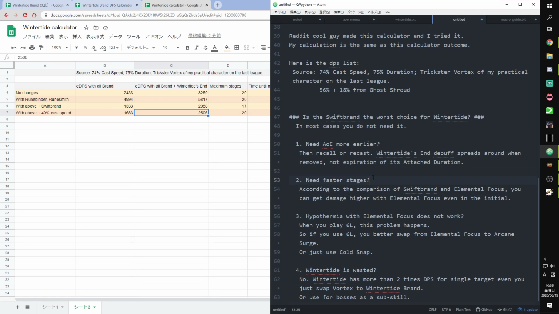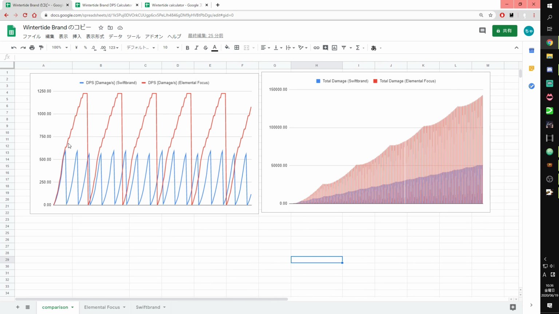If you want faster stages to get high damage initially, in this situation, according to this graph, Elemental Focus has the same DPS as Swiftbrand Support when you are using Swiftbrand Support.